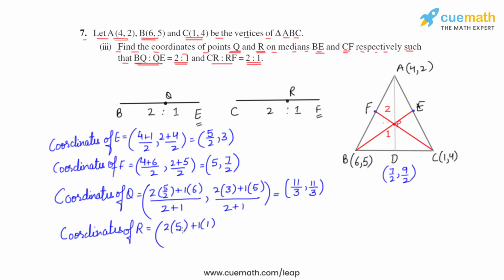So 2 into 5 into 1 plus 1 into 1 by 2 plus 1, comma 2 into 7 by 2 plus 1 into 4 by 2 plus 1. Again we get the same answer, that is 11 by 3, comma 11 by 3. So the coordinates of Q are 11 by 3, and the coordinates of R are 11 by 3.